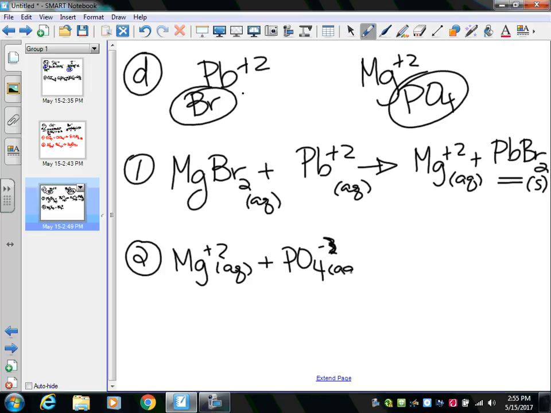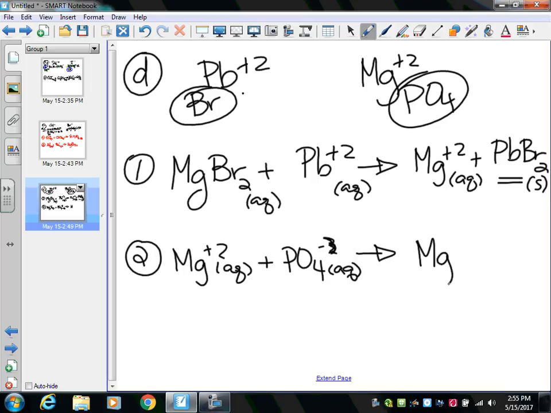Okay, so I'm going to have, can you read that? So I have these two items, and the reason why, remember this one is an ion, so it's what's left over. Does that make sense? We wrote out an equation, so I still have magnesium sitting there, and then we're going to add the phosphate to it to make my items together.